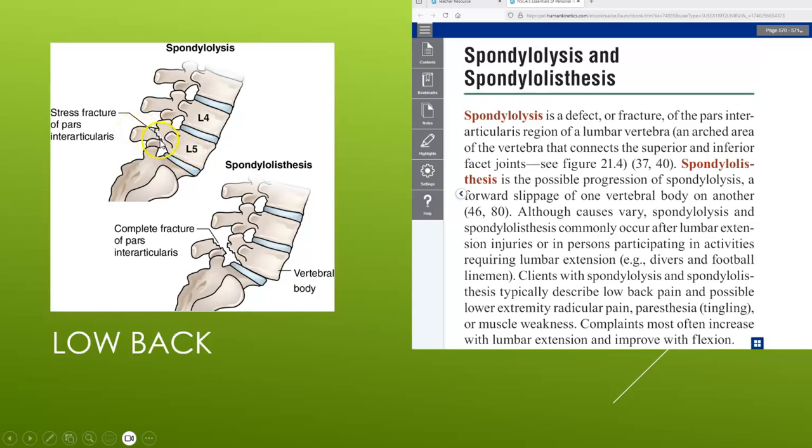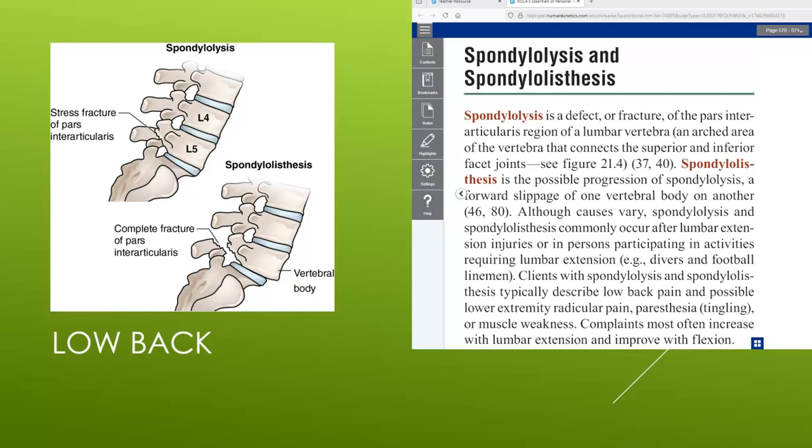They can be cracked or they can fracture. You can imagine a linebacker taking on a block, or an offensive lineman taking on a defensive lineman, with a big arch in their back. As the spine articulates backwards, one process can bump into the other and cause a fracture. Fall and land on your back, that can cause a fracture. The fracture itself is a spondylosis.